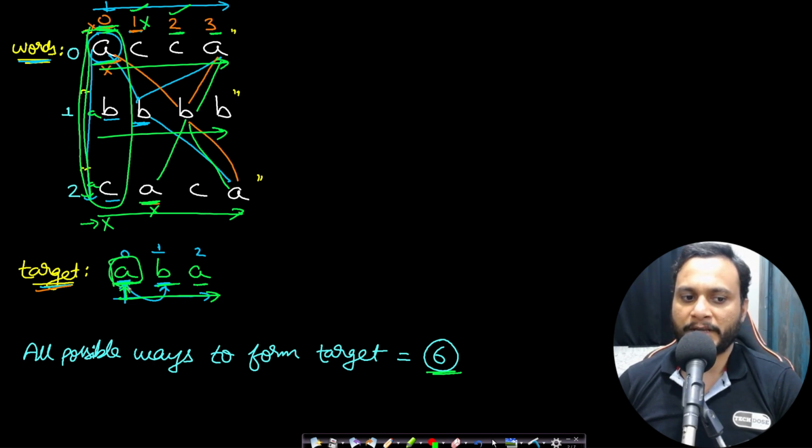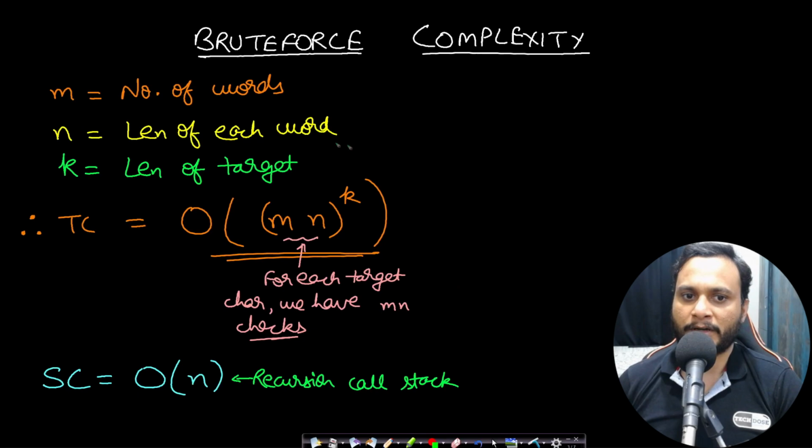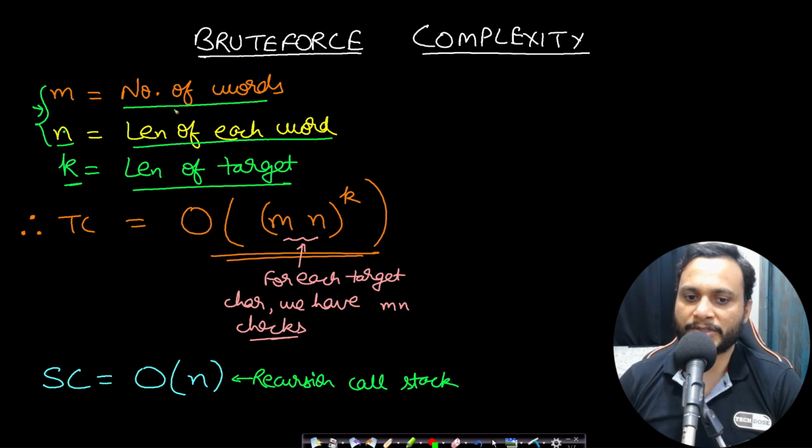So for any character we will be looking at all the characters of these words. Okay, so if you have a total of, let's say, m number of words and n is the length of each word, then for each character we will be looking at m into n characters. And so if the length of the target is k, then you can imagine that m into n possibilities will happen for each character, and this will be forming a recursion tree diagram.